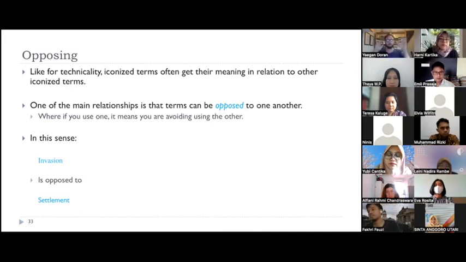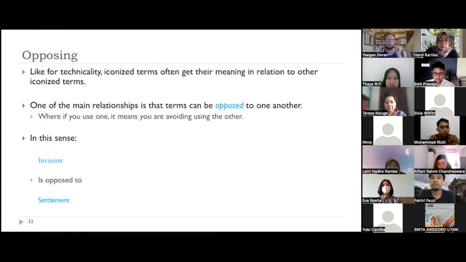It's rare that you will bounce between the two, or rather you'll bounce between the two, but only in different situations, not in the same conversation. So in this sense, invasion is opposed to settlement. Those who use invasion will tend to avoid using the term settlement, and those who use the term settlement will tend not to use the term invasion. So if we're talking to students, why would we use this or not this term? You can say, well, they're opposed to each other. You use one or the other, and it says something about you.